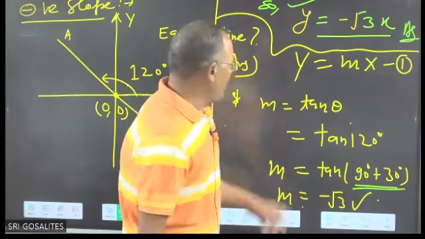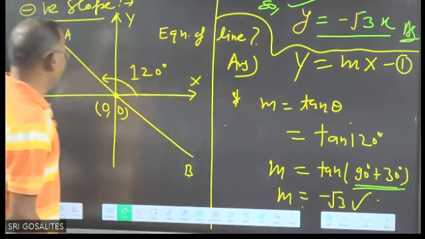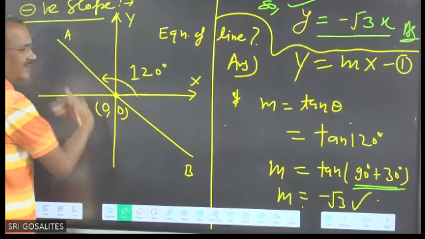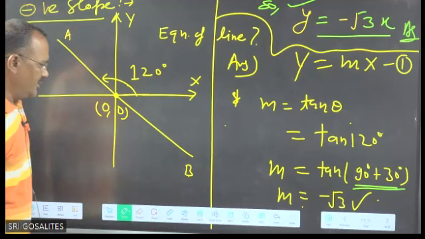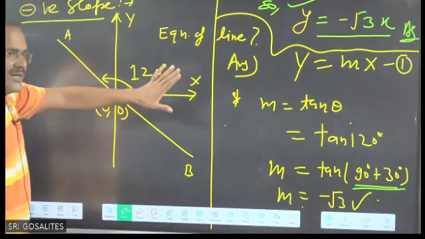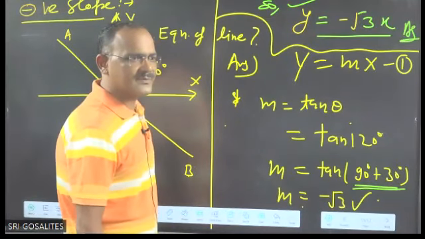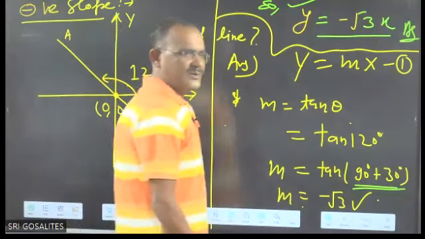For any angle theta more than 90, slope will be negative, because the line is going in the second quadrant. Slope will come out negative. Shall I add the next screen now? Yes, ASTC rule.